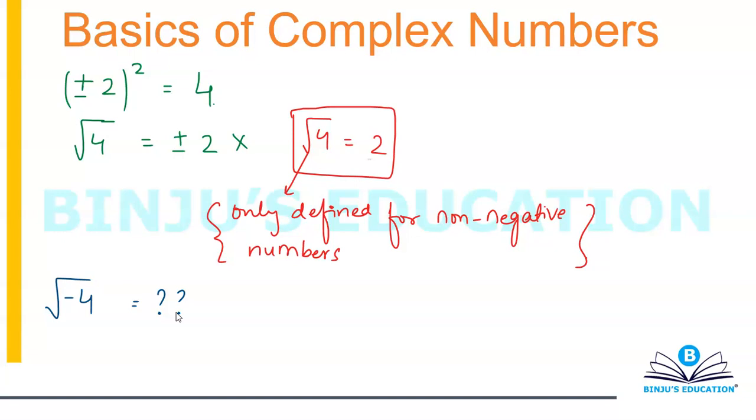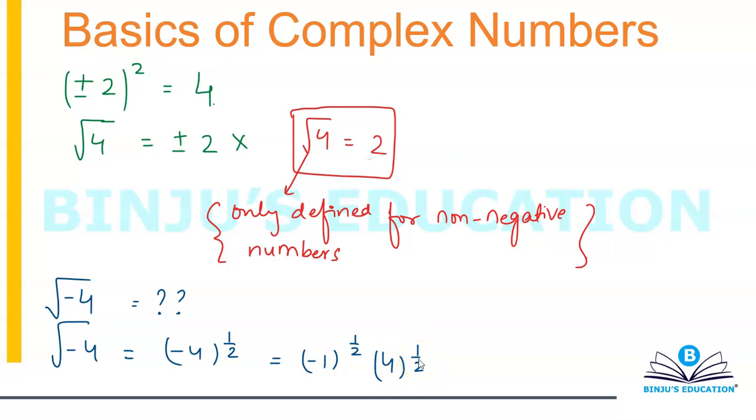There has to be a way out. We need to do something for this expression. So they said, okay, under root of negative 4 is like negative 4 to the power half, which I can also rewrite as negative 1 to the power half into 4 to the power half.